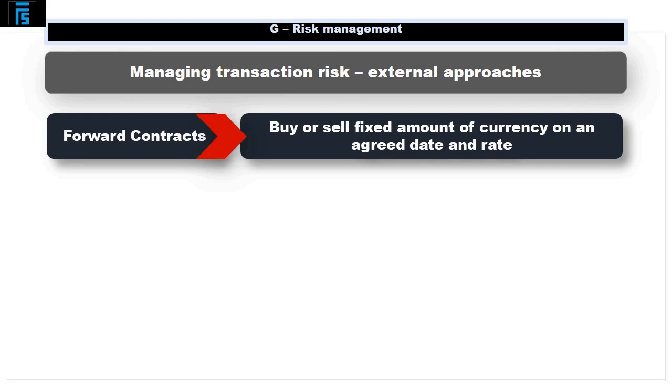They are easy and quick to arrange, are available in many currencies, and available for more than a year ahead. Conversely, they are non-cancelable, have to be honoured on a specific date, and the rates quoted may be unattractive.